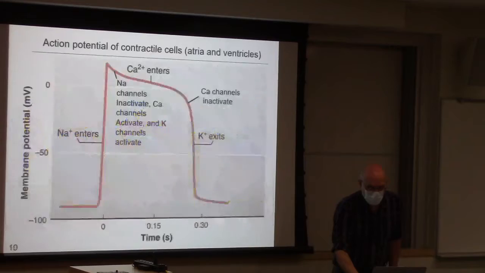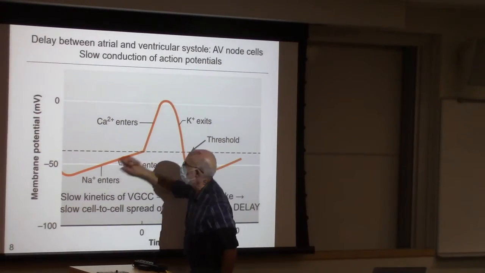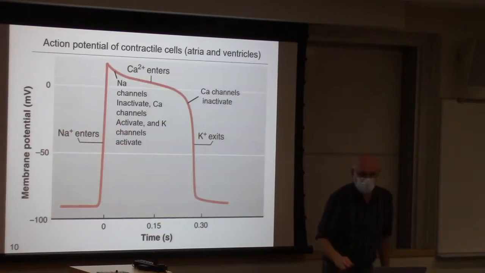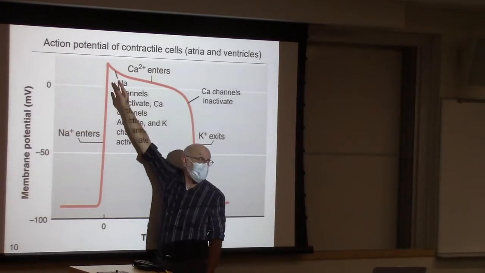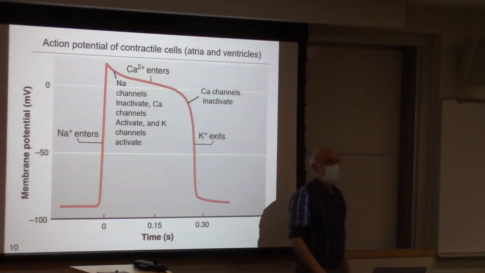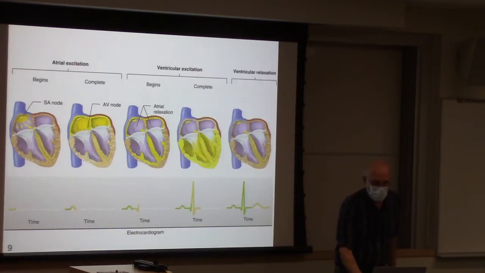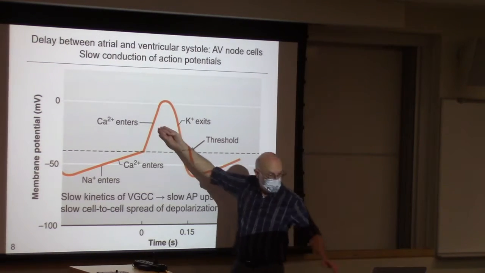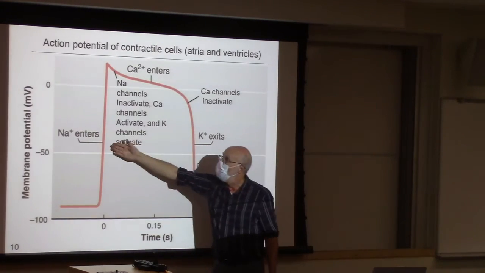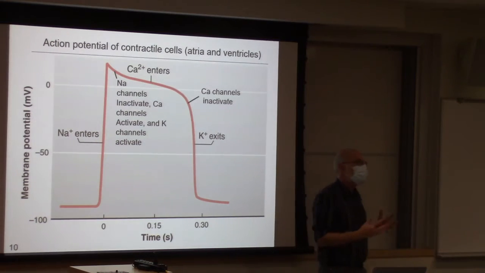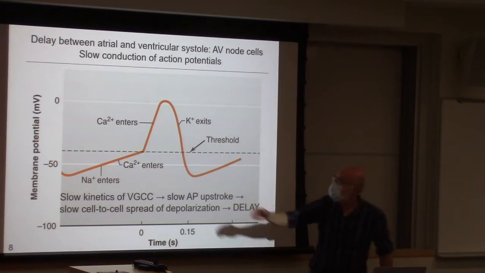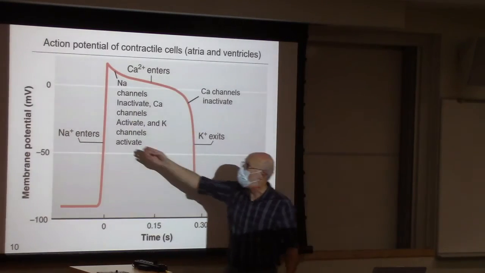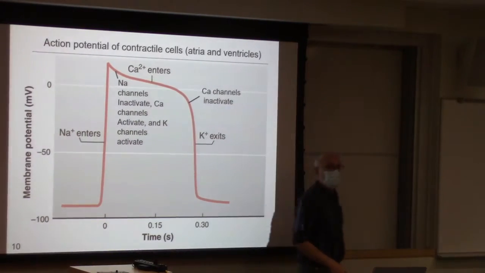So this is ultra slow. This is slow. This is very fast. And it's because the difference here to here is the difference in the kinetics and the number of voltage-gated calcium channels here and voltage-gated sodium channels here.